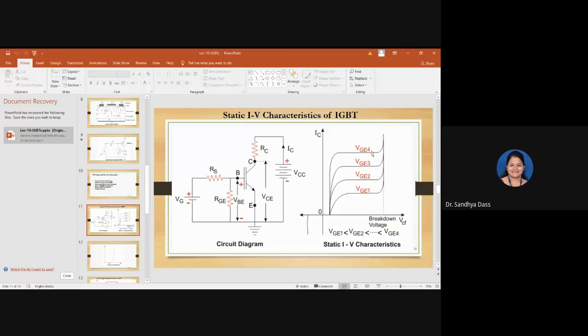So the plot also resembles that of the BJT, but here the constant parameter is VGE, the gate to emitter voltage. All right, IC versus VCE.